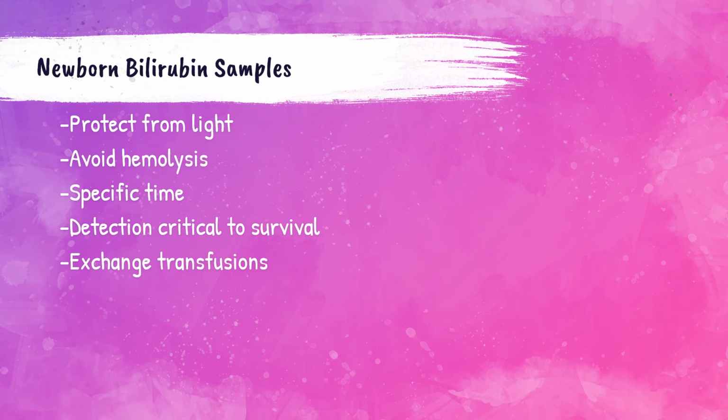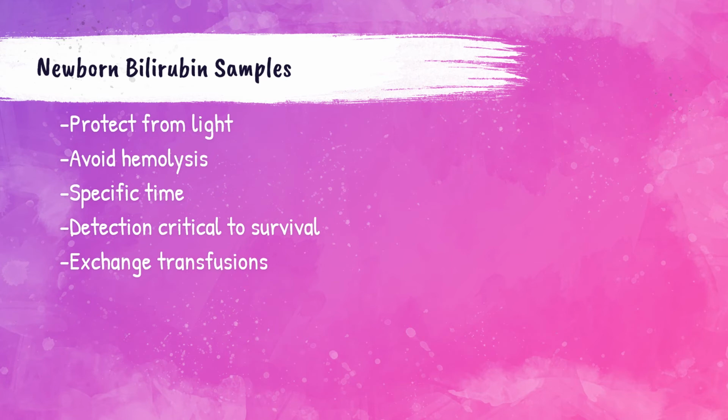An increased level of bilirubin in newborns can cause brain damage, so it's important for doctors to monitor the bilirubin levels. When there is an order for bilirubin testing, the sample is collected in an amber microcontainer tube to protect the sample from light. This is done because light breaks down bilirubin. So if not collected in an amber tube, there could be a falsely decreased bilirubin level, and these false results would negatively impact the patient.